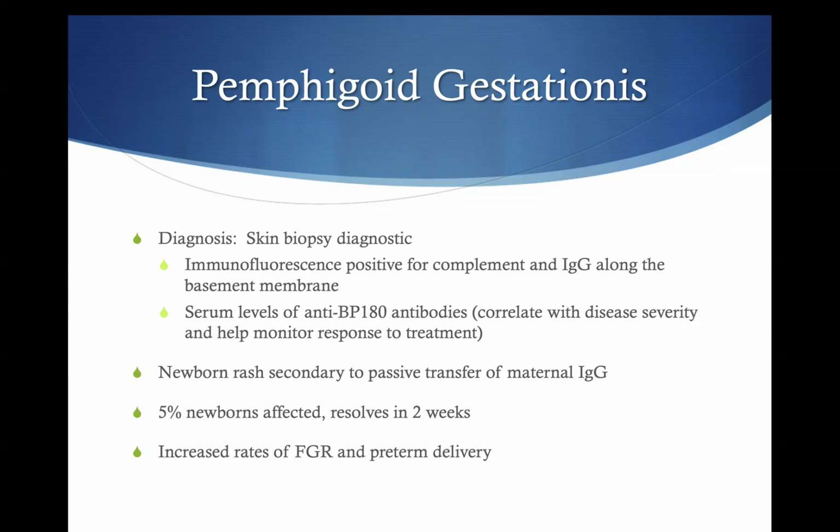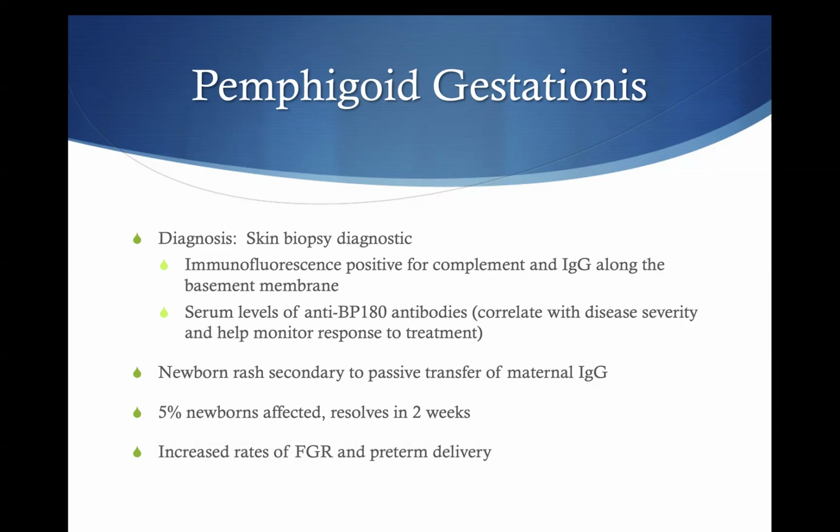The key is immunofluorescent staining will be positive for complement and immunoglobulin along the basement membrane. Serum levels of this anti-BP180 antibody can also be positive, and those can be followed as markers of disease severity and response, but rarely is that necessary because you can just tell visually that the patient's responding to treatment.